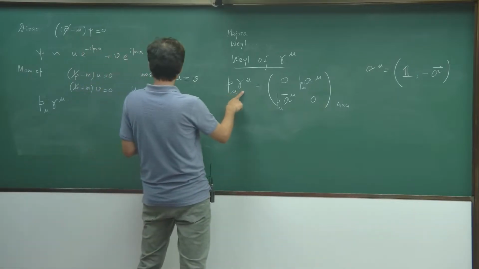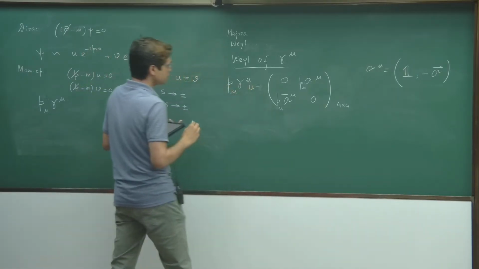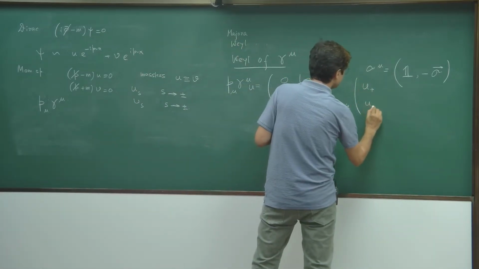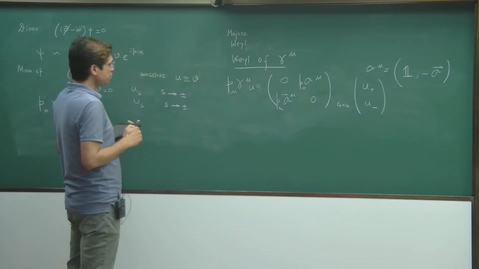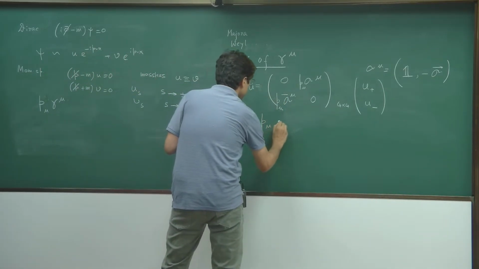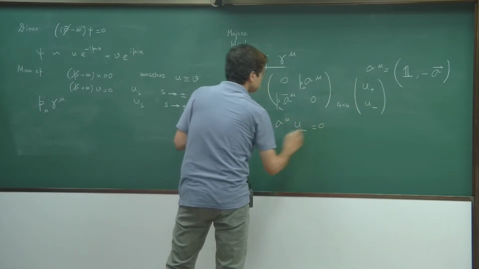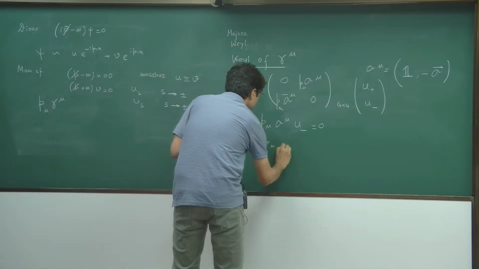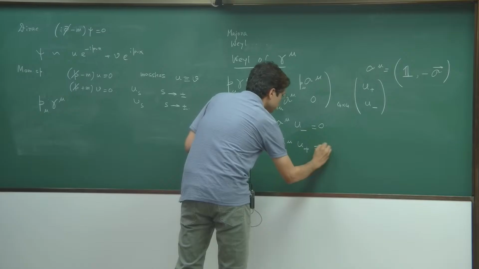Now if I multiply u here, I can take u as u plus and u minus. So what will I get? I will get p mu sigma mu u minus equal to 0, and p mu sigma mu bar u plus equal to 0.